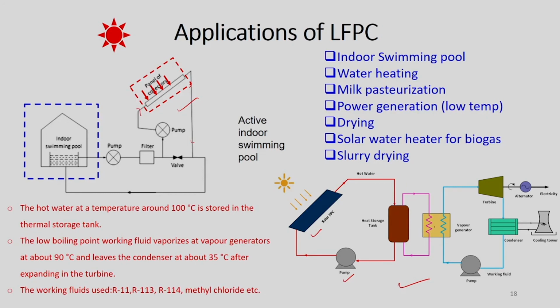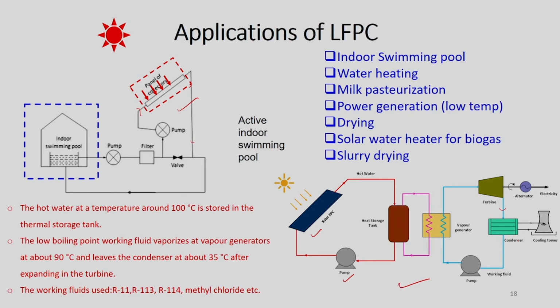That working fluid will move in a circuit, which is also a closed loop, and this working fluid is different and will evaporate at low temperature. The vapor will expand in a turbine and then energy will be generated, and the remainder will condense in a condenser and be pumped again through this heat exchanger, working in a closed loop.